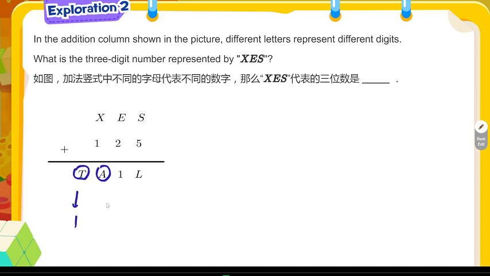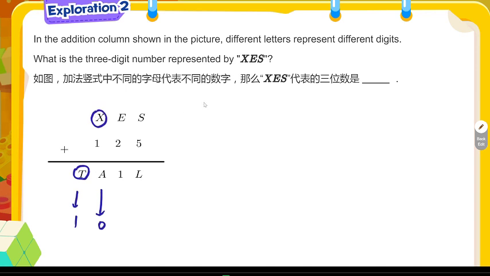If we didn't consider that the letters represent different digits, this A at most can be 1, because when x is 9, 9 plus 1, and we also have a carryover from the tens place, we can just let it be 1. But as A cannot be the same as T, we know A can only equal 0.